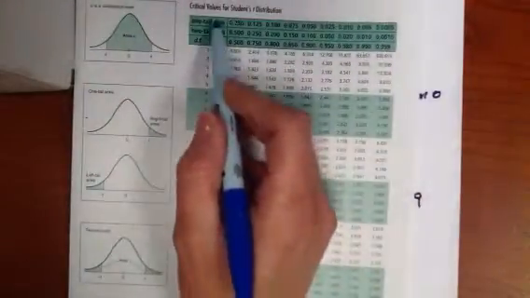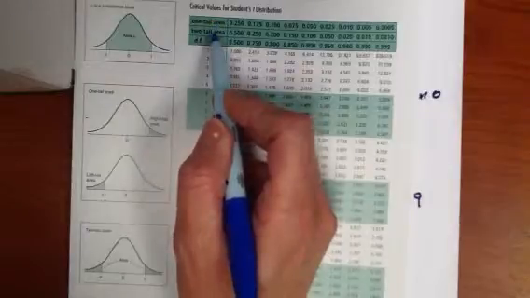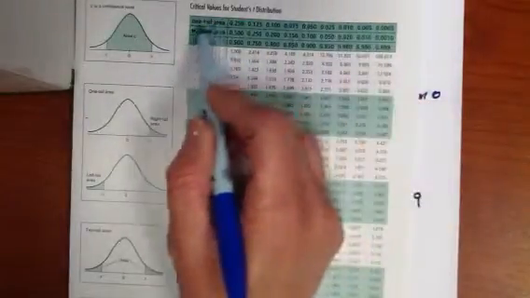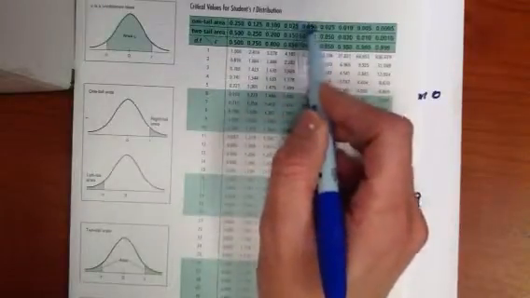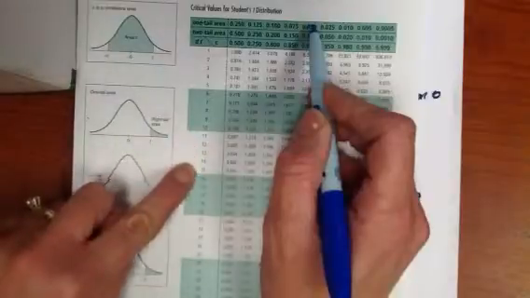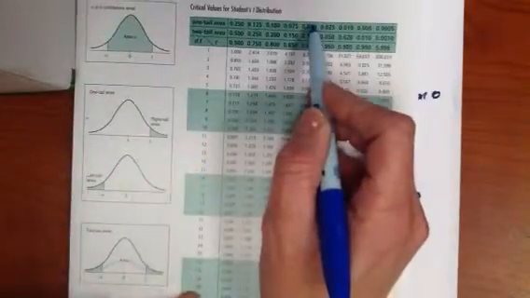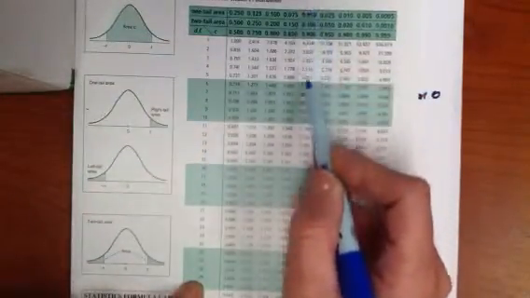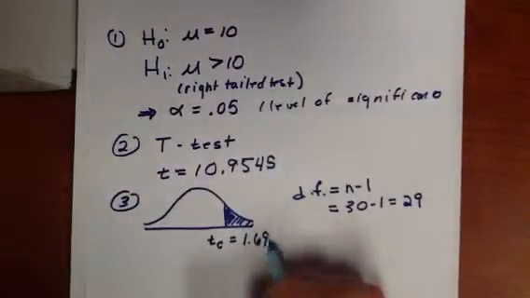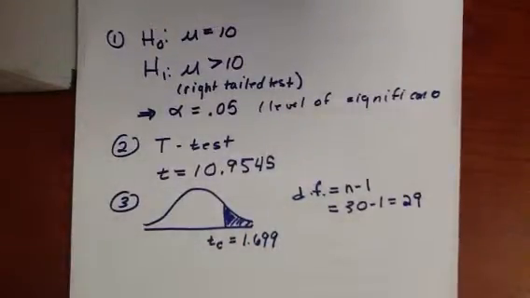Up at the top, you can see it says one-tailed or two-tailed. Ours is a one-tailed, and these are the different alphas. Ours was 0.05. You go down the side to your degrees of freedom, all the way down to 29, and down alpha 0.05, where those intersect, is 1.699. That is our critical value for T.